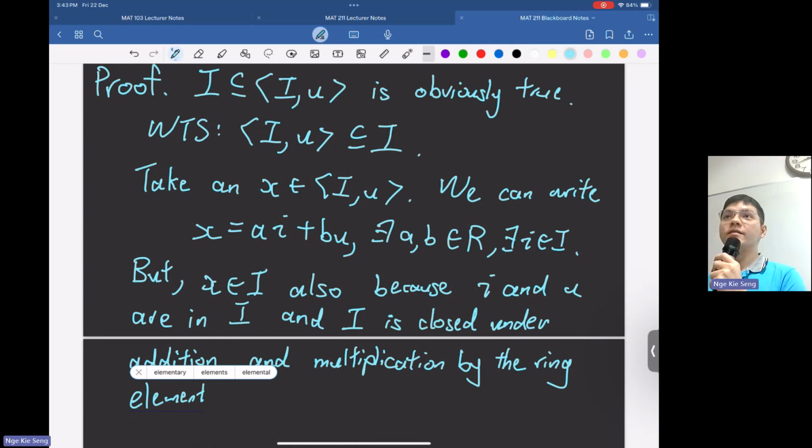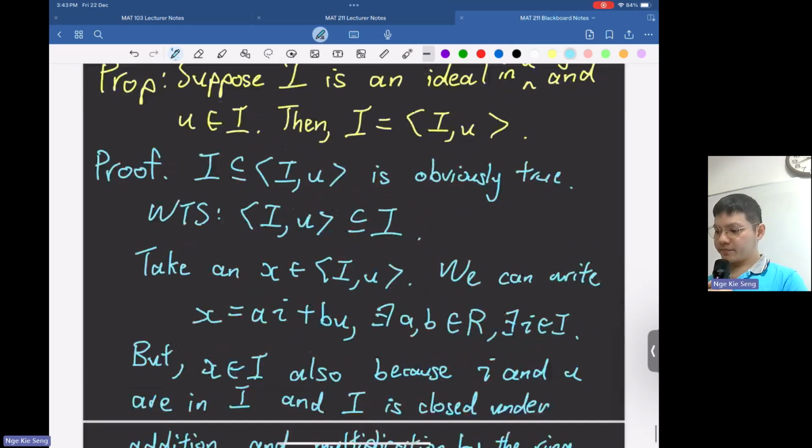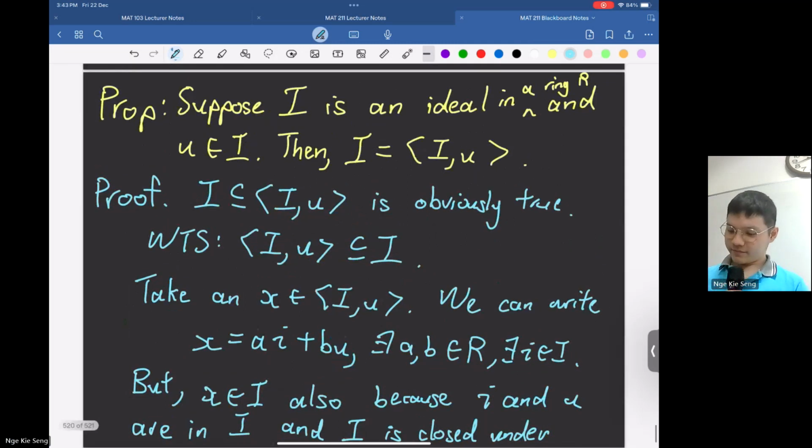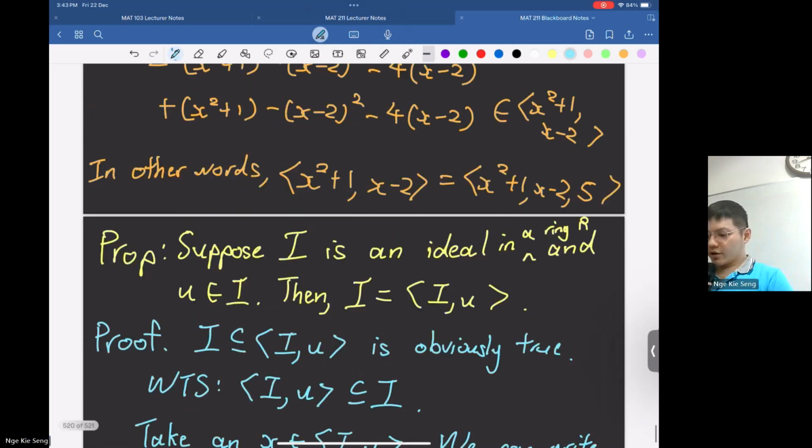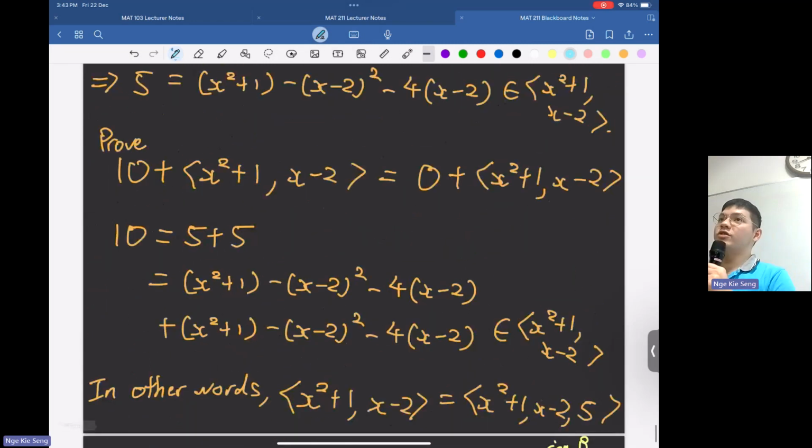Right. Okay, so this is the general statement here. So just now we created 5 from the 2 generators, so we can add the 5 into my generators.